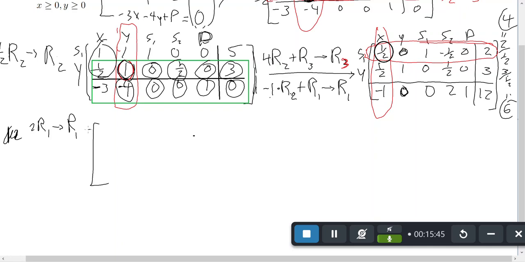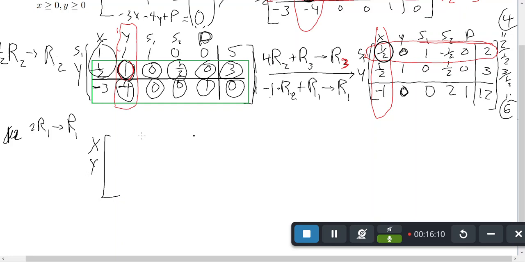Since you've identified the pivot element, you can switch the row label. So the new first row label is going to be X, replacing S1, and Y is just left there.